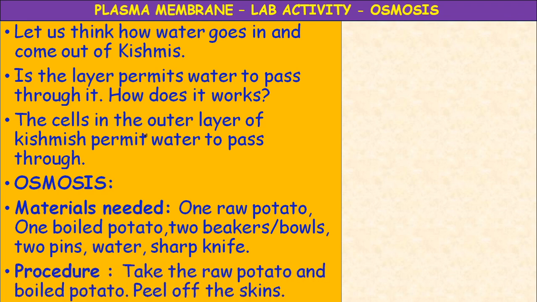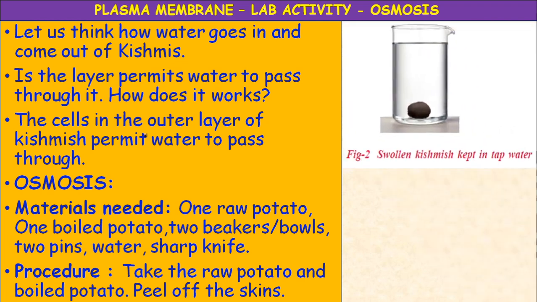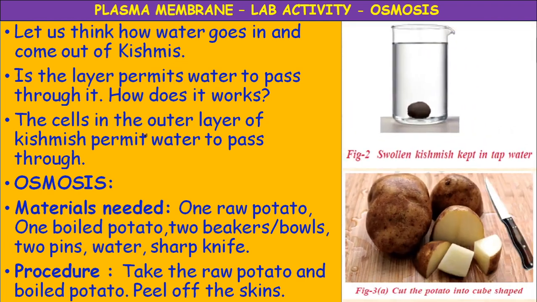The procedure: take the raw potato and boiled potato, peel off the skin. It is very easy to peel off the skin. Now cut the potato into cube shaped pieces.